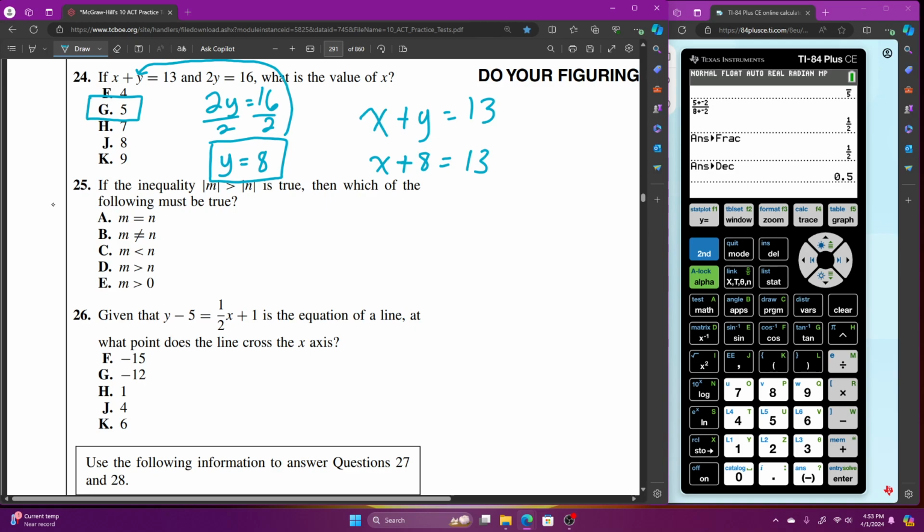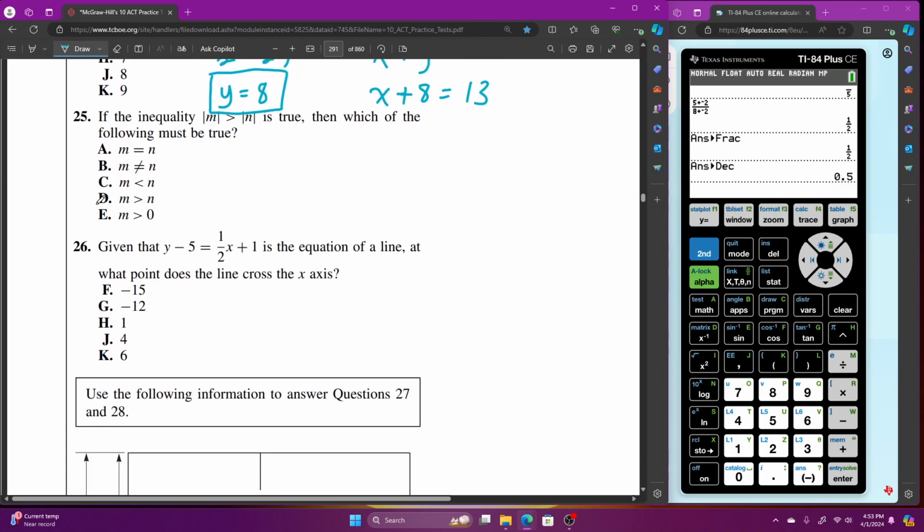And then continuing to question number 25, it says if the inequality, the absolute value of m is greater than the absolute value of n is true, then which of the following must be true?